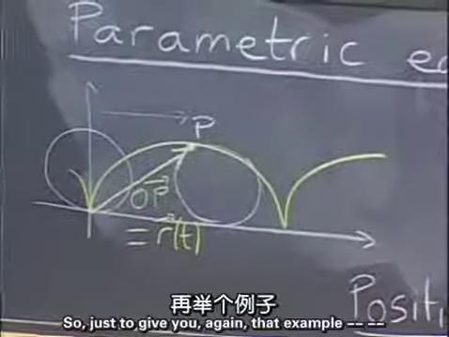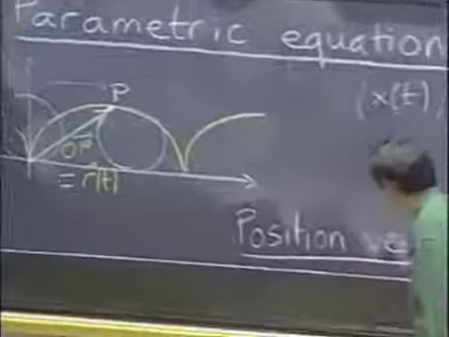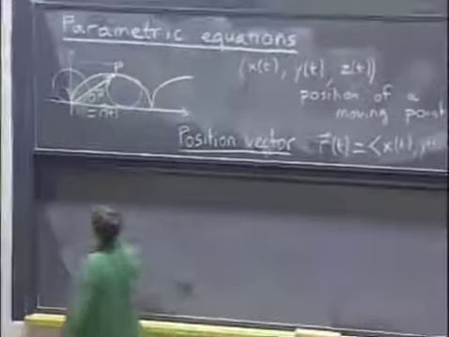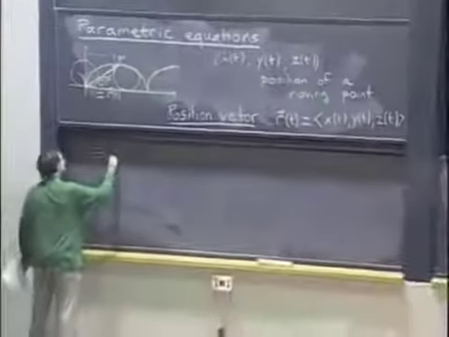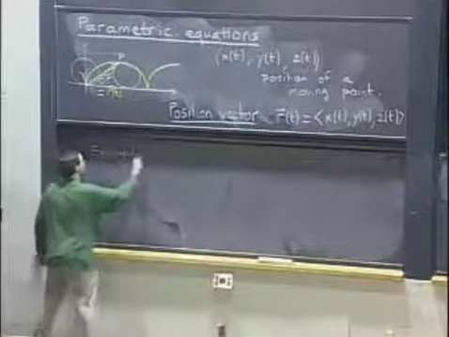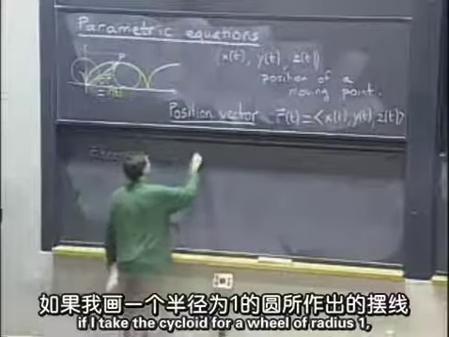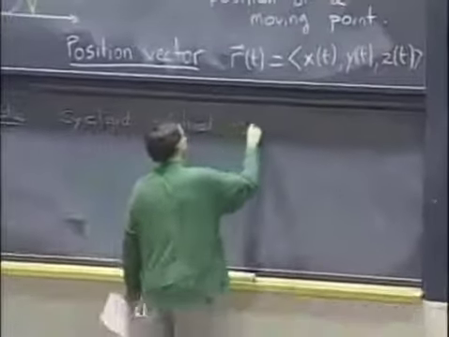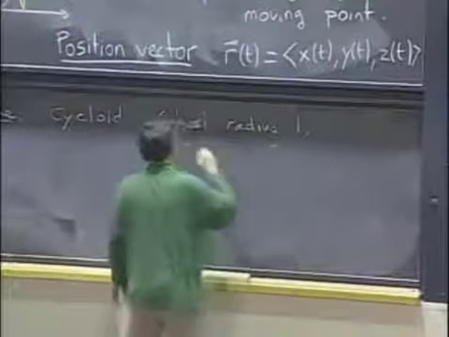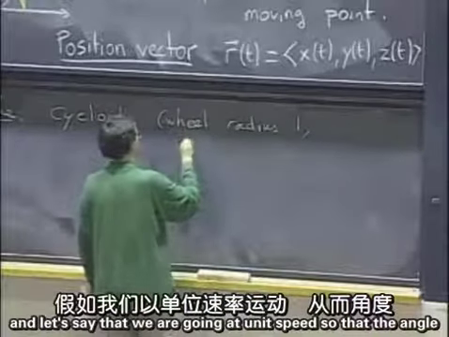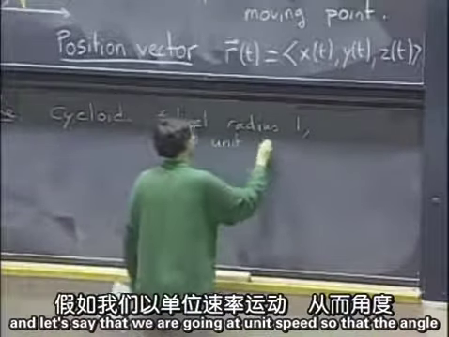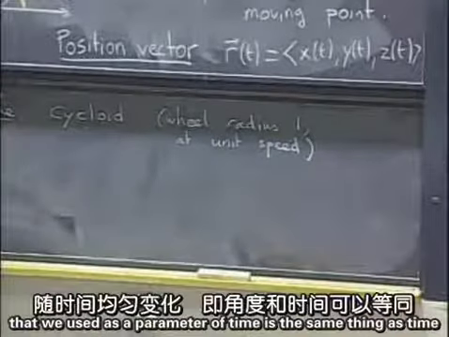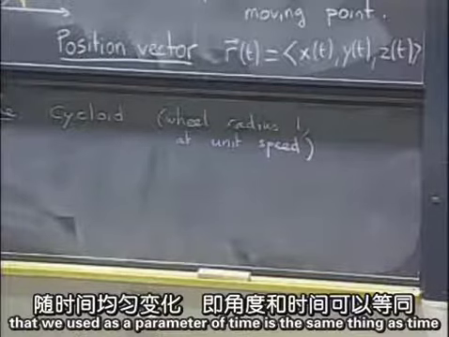So just to give you, again, that example, if I take the cycloid for a wheel of radius 1, and let's say that we are going at unit speed, so that the angle that we used as a parameter last time is the same thing as time.